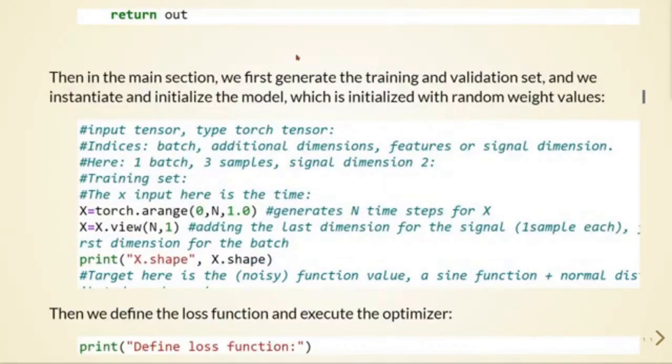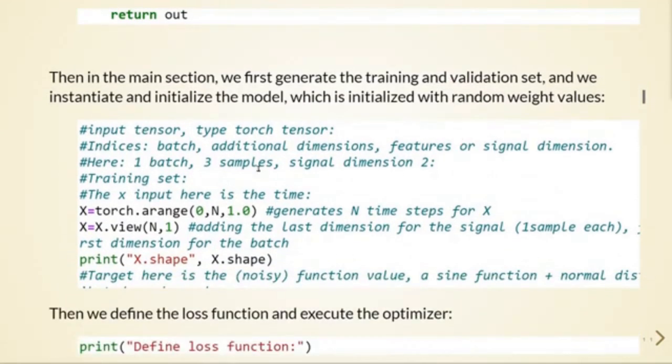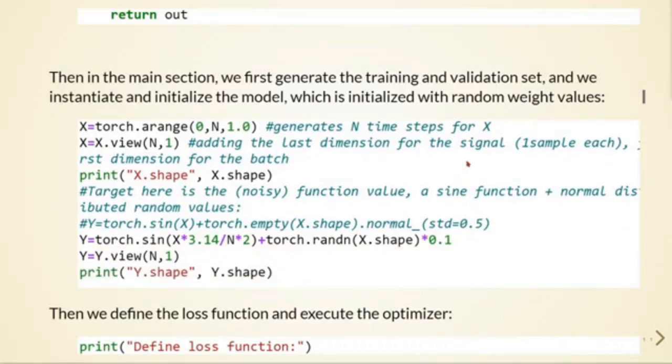After we define the architecture of our network, we will first generate the training and validation set, then we will instantiate and initialize the model, and the model will be initialized with random weight values. Here we are creating our training set, and like we explained before, we generate N time steps for X, and then we are reshaping, so we have the last dimension for our signal and the first dimension for the batch.